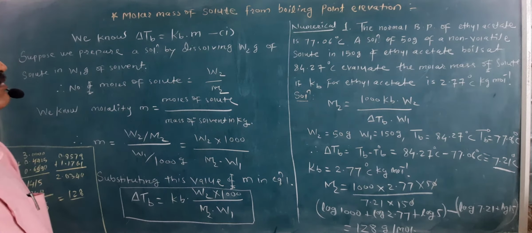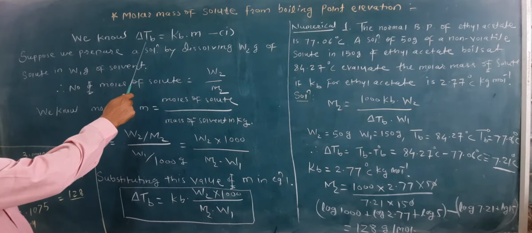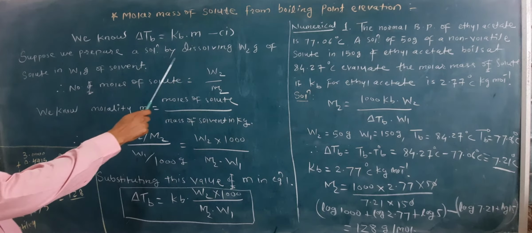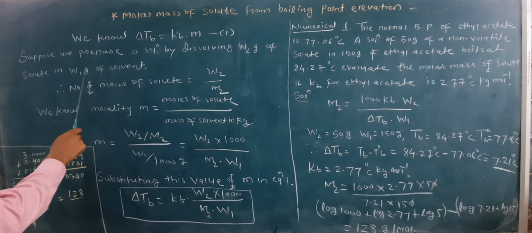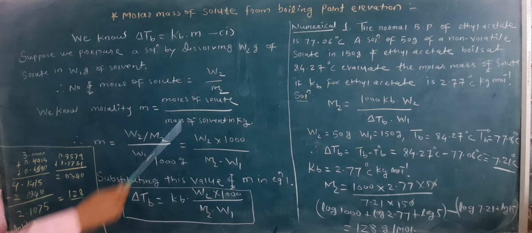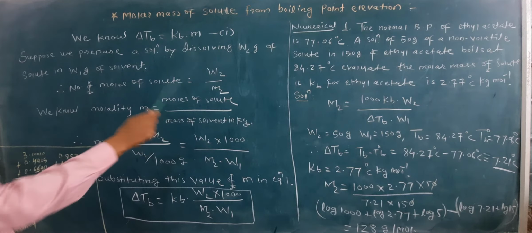I will revise in brief, try to understand. We have to make use of delta Tb is equal to Kb into m. Our consideration is that we prepare a solution by dissolving W2 grams of solute in W1 grams of solvent, with the solute having molar mass M2. The number of moles of solute is W2 upon M2.